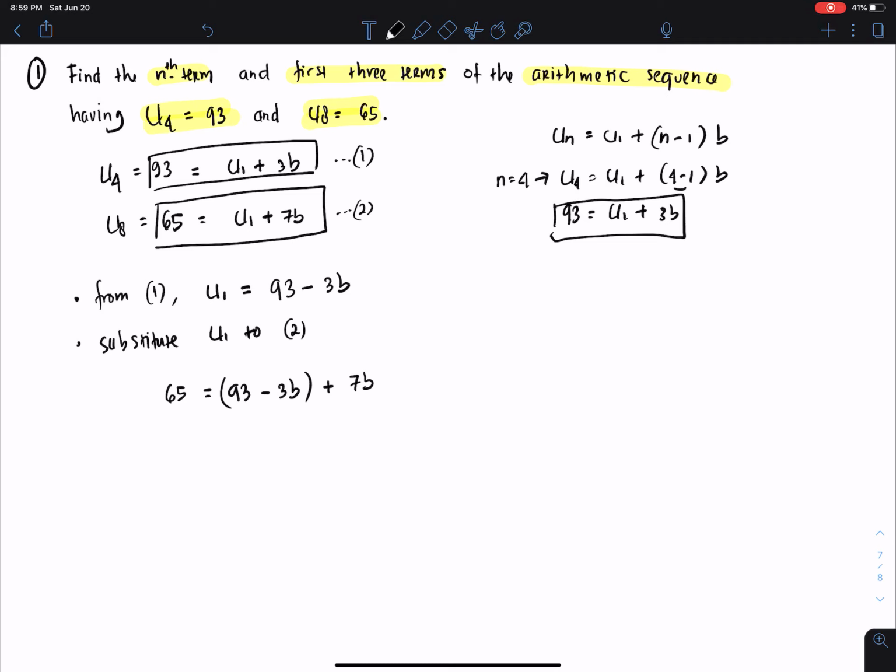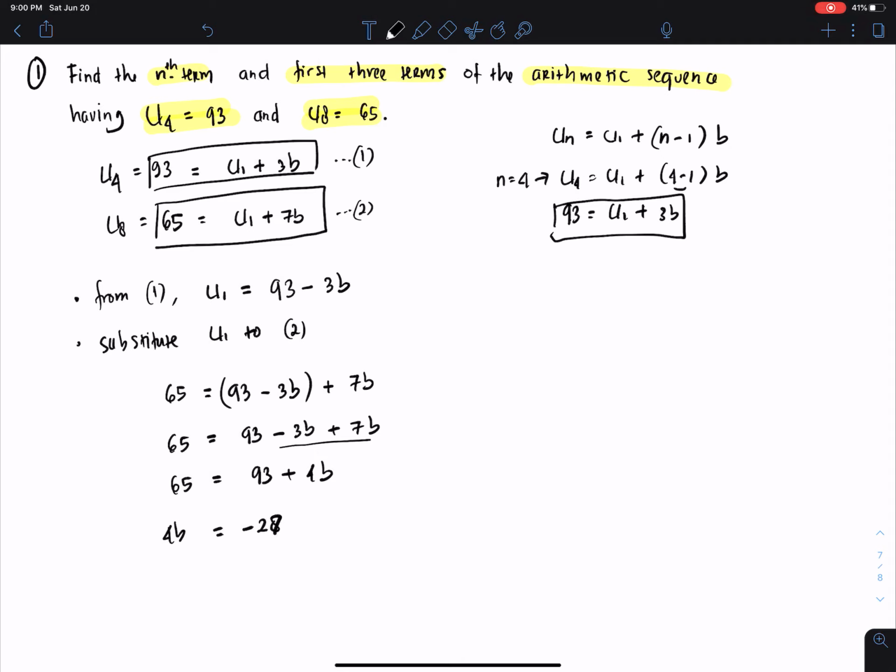So from here, what will we get? 65 is equal to 93 minus 3b plus 7b. If we solve, we have 4b equal to minus 28.